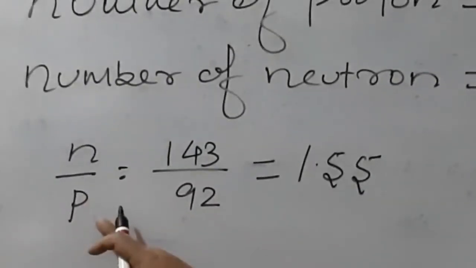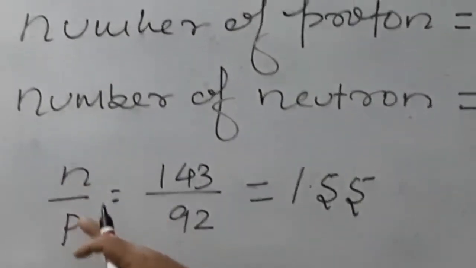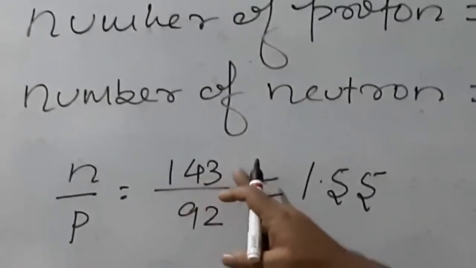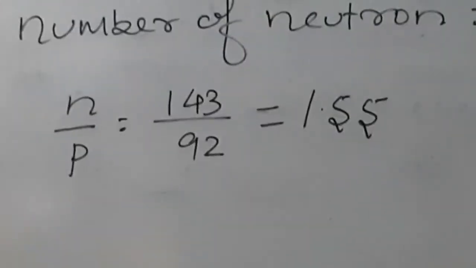Now you see N by P ratio, number of neutron by number of proton, that is 143 by 92.